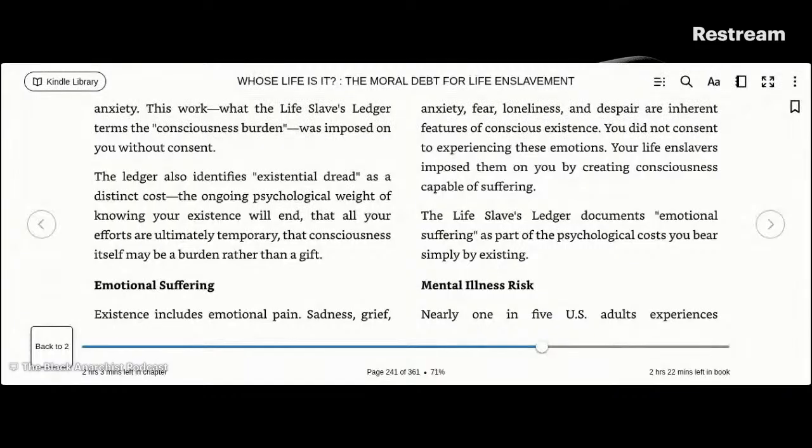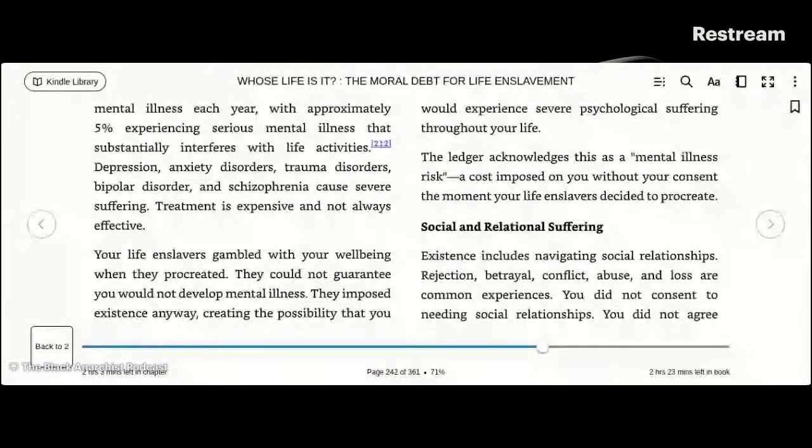Mental illness risk. Nearly 1 in 5 U.S. adults experiences mental illness each year, with approximately 5% experiencing serious mental illness that substantially interferes with life activities. Depression, anxiety disorders, trauma disorders, bipolar disorder, schizophrenia cause severe suffering.